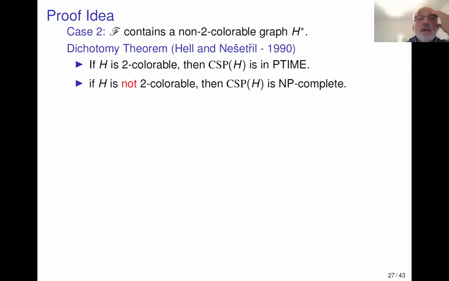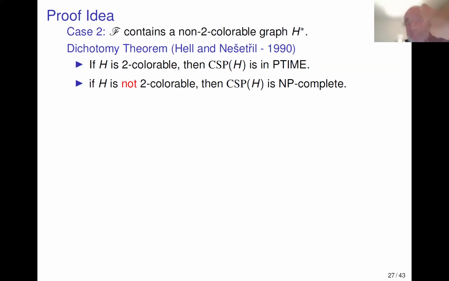Now we need to bring into the picture another very nice theorem from constraint satisfaction by Hell and Nesetril in 1990. This is a dichotomy theorem. They said if the graph H is two colorable, then the constraint satisfaction problem with respect to H is in polynomial time. Remember, the constraint satisfaction problem is the question, given a graph, is there a homomorphism to H? And if it is not two colorable, it is NP complete.